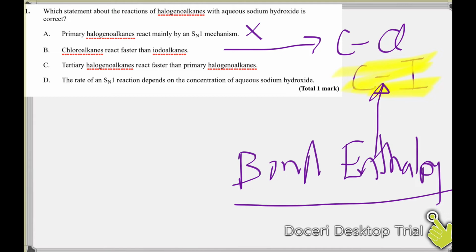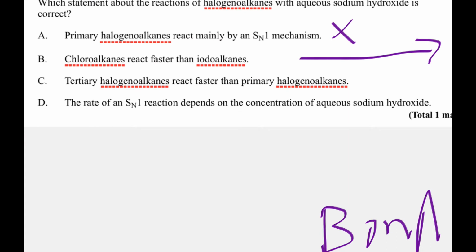And so since it has a smaller bond enthalpy, it's going to take less energy for it to break. And therefore, this is also wrong because the iodoalkane has a weaker bond, and therefore the bond breaks faster, and therefore the iodoalkane will react faster because the weaker bond breaks faster.